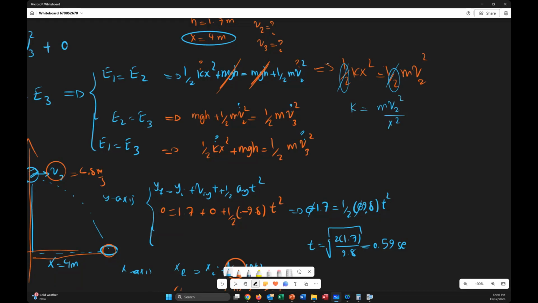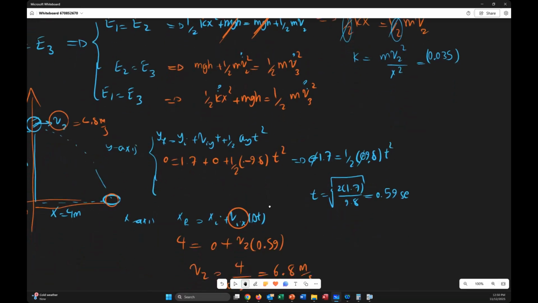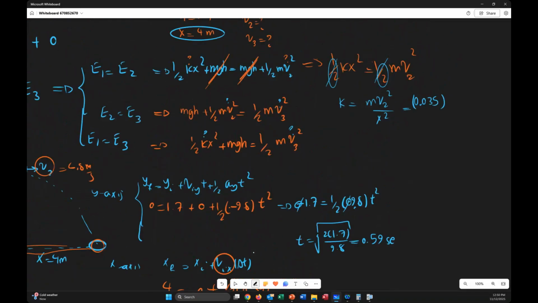Do I have m? Yes, 0.035. Do I have velocity? What was the velocity I calculated? 6.8, squared, divided by x squared. What is the x? 0.17, squared. This is going to be the spring constant.